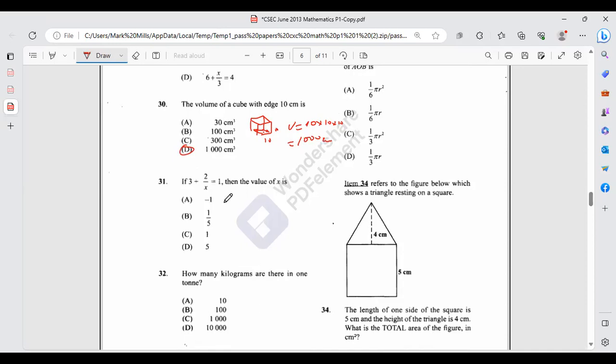Number 31. How will I work 31? 3 plus 2 over x is equal to 1. Put the 1 over 1. Easy way out, 2 over x is equal to 1 minus 3.